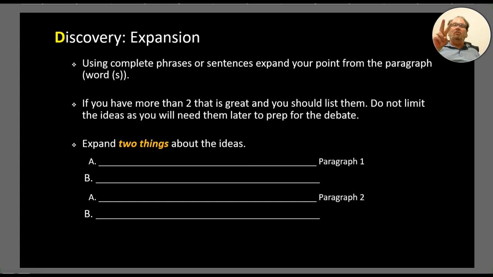Just 2 ideas. If you have more than 2, that would be really great. Most struggle to get to 2, but make 2 or more. The book has enough for, I think, 10. You have 15, so you have to add more. Don't limit the ideas, because you need them later to reflect and build on when you prep for the debate.